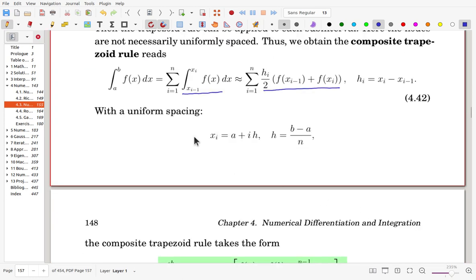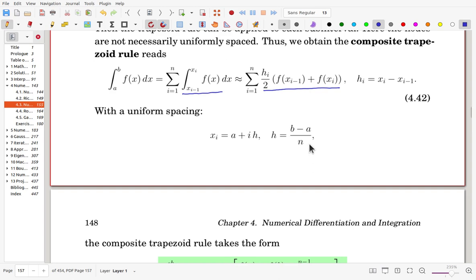Here we choose uniform spacing, so that hi is always the same as h, as in this formula. xi is a plus i times h, and h is now b minus a over n.